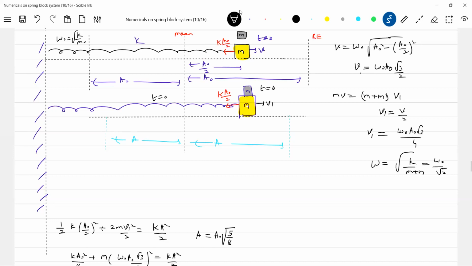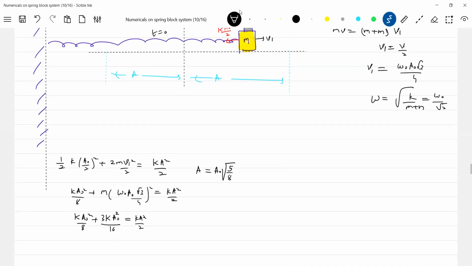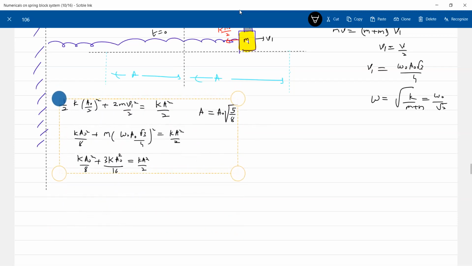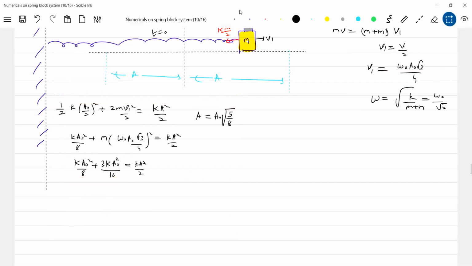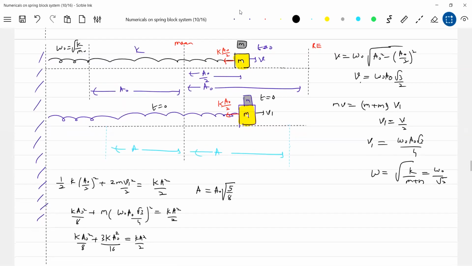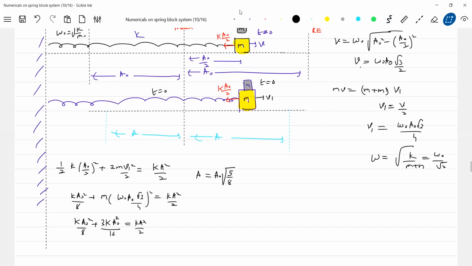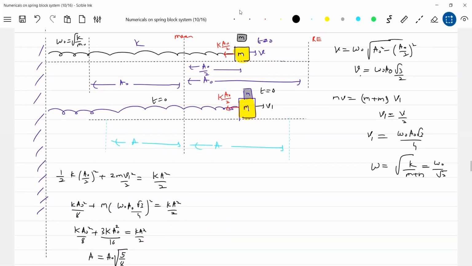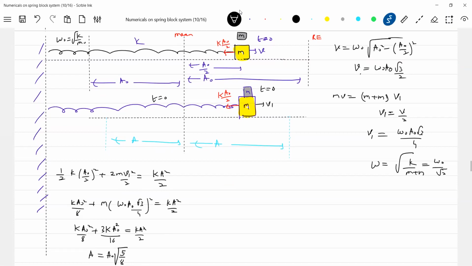So what will our equation be? Our equation will be x is equal to A. I think I'll push everything up so that we get enough space. Okay, I think everything is visible. What is the equation?